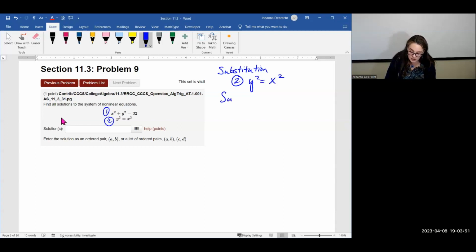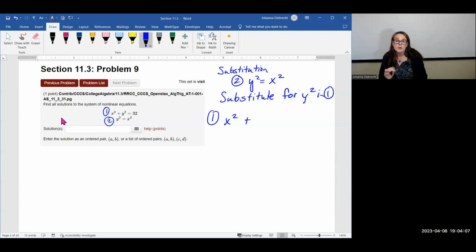And I'm going to substitute for y squared in equation number 1. Equation 1 has the equation x squared plus y squared. This time I'm not replacing y, I'm replacing y squared. So this replaces y squared. There's no square on the outside, and it equals 32.